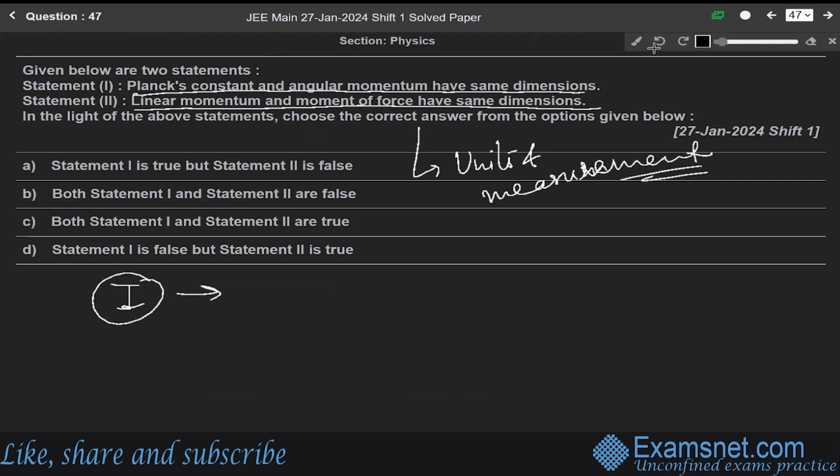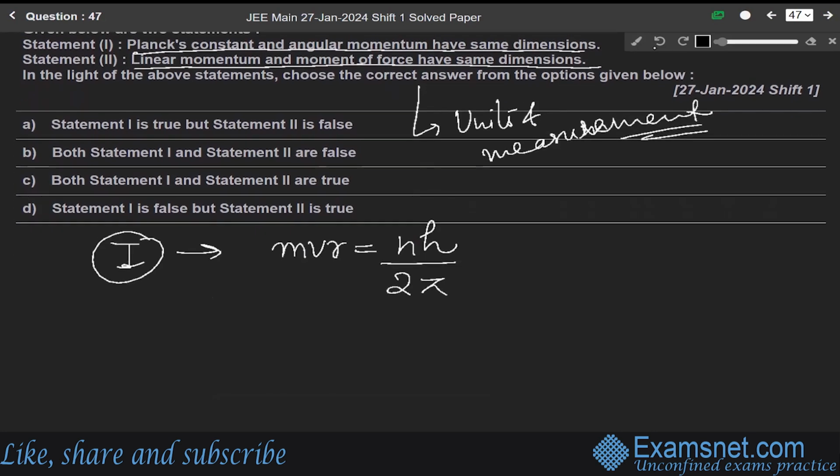According to statement 1, Planck's constant and angular momentum have the same dimension. From the Bohr's quantization formula, mvr equals nh over 2 pi. Electron can revolve only in those orbits whose angular momentum is equal to an integral multiple of h over 2 pi. Now, this is from the Bohr's quantization formula.